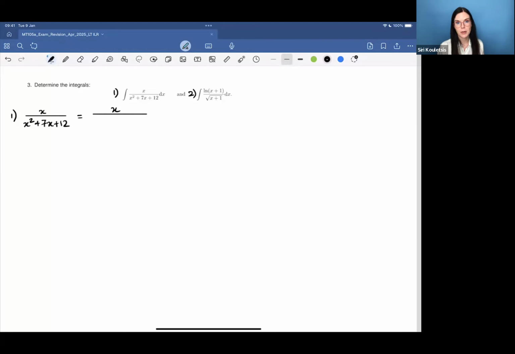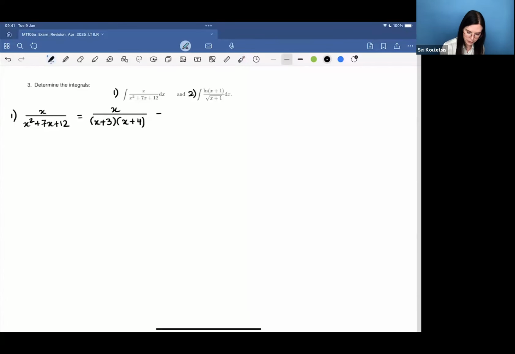You can also use the formula for the solutions of quadratic equations if you can't spot it. But I've chosen so-called nice numbers here. So if we have two numbers whose product gives us 12 and whose sum gives us 7, then we have what we want. That x plus 3 times x plus 4 gives us precisely that: x squared plus 4x plus 3x, that's 7x, plus 3 times 4, which is 12.